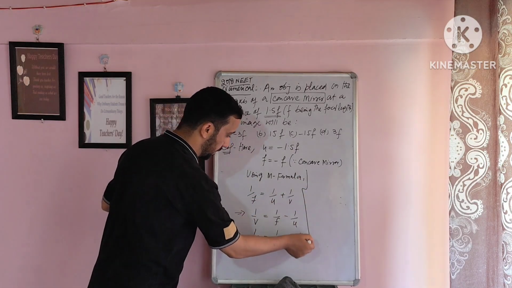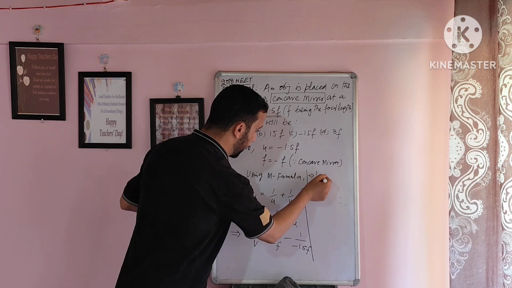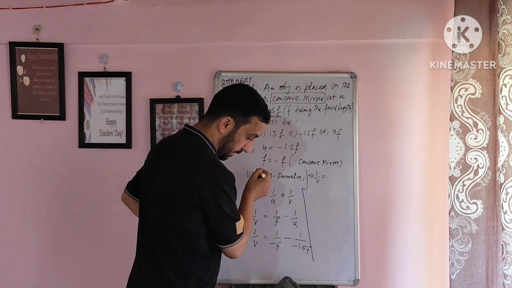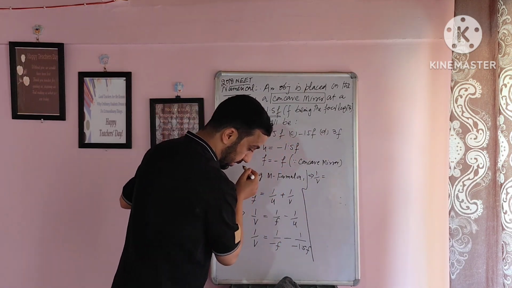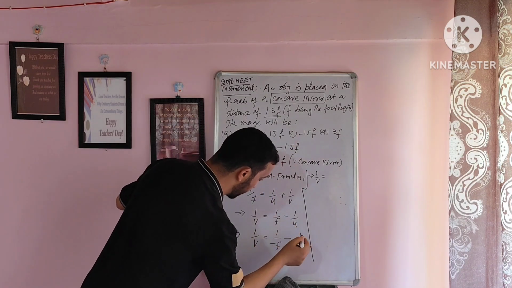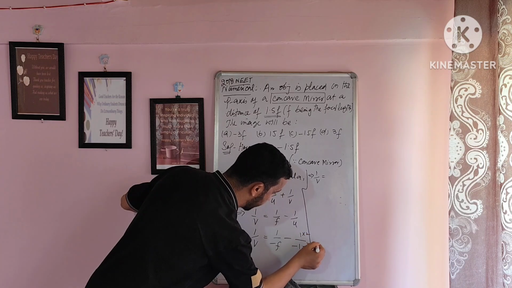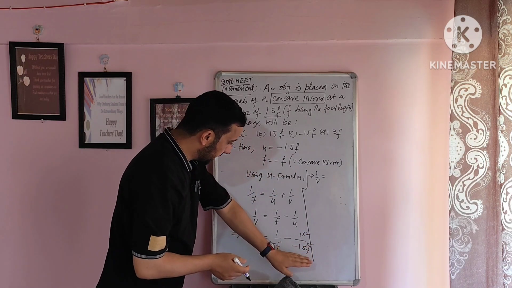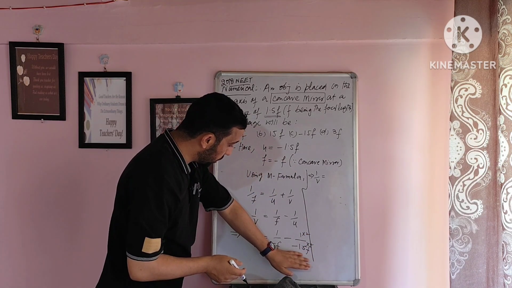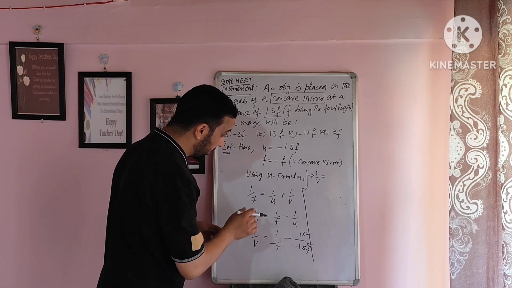Now 1 upon v equals, we will do one thing. We will multiply this by 2 and this by 2 to get rid of this decimal, to make our calculations easier.